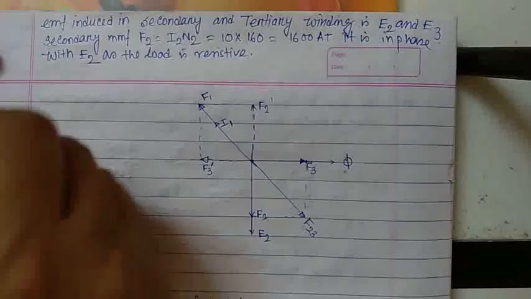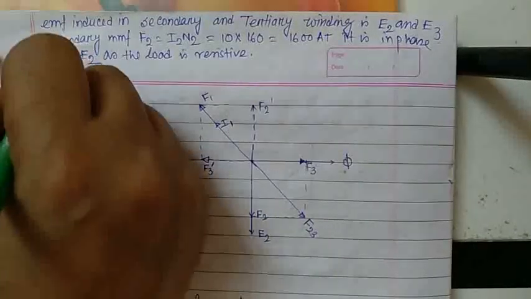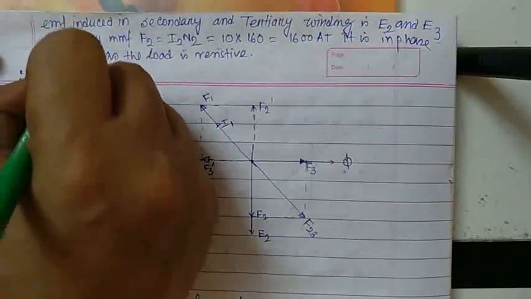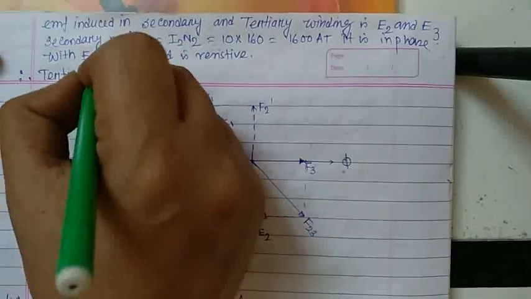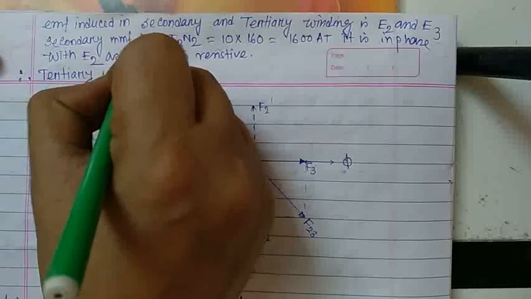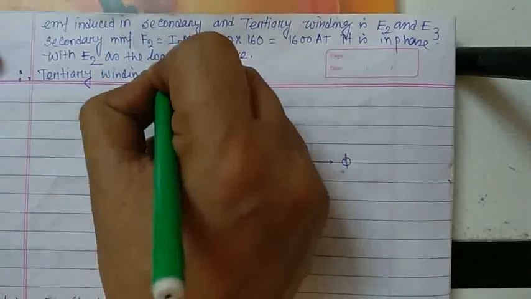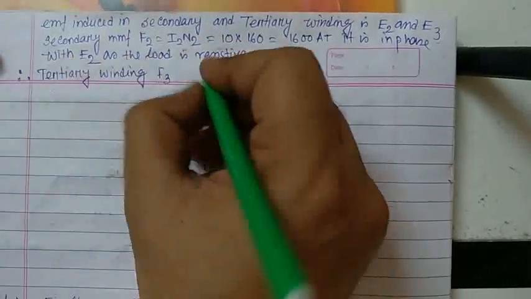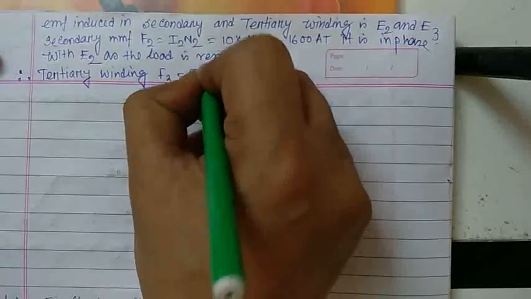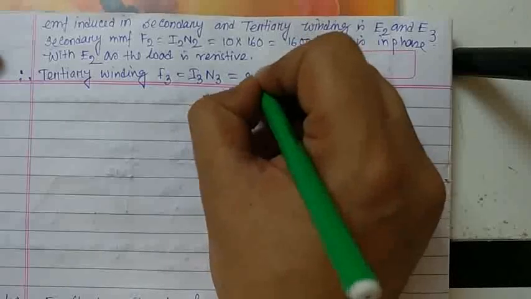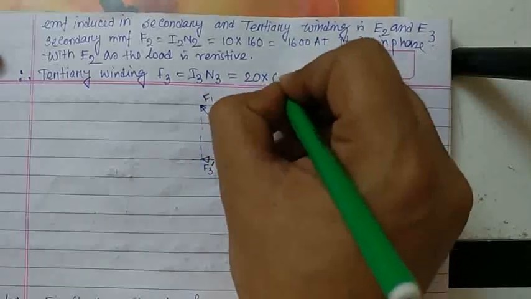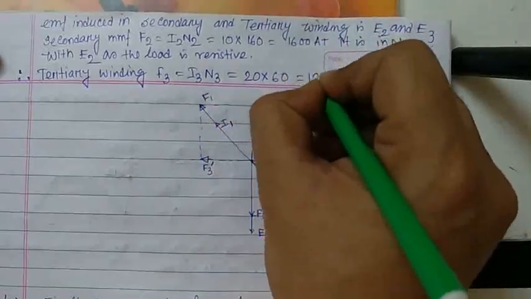Now for the tertiary winding, the MMF is suppose F3, so it is I3 into N3, that is 20 into 60, that is 1200.